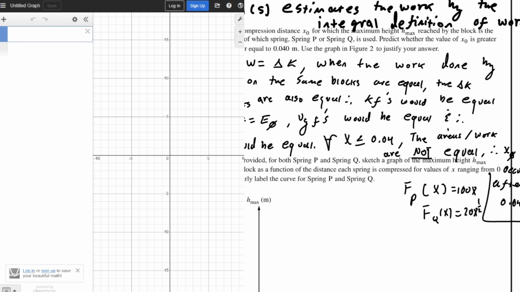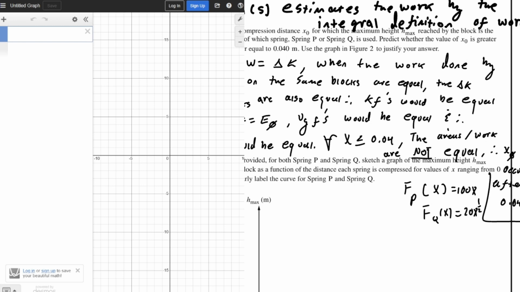Since work is the change in kinetic energy, we'll have the same final kinetic energy, meaning we'll have the same final gravitational potential energy. We can basically say that the work versus x graph is pretty much the H max versus x graph. It's a lot of rough estimates with this class.